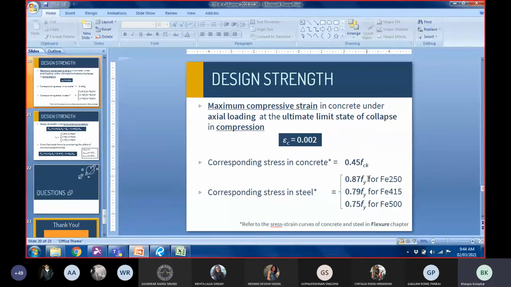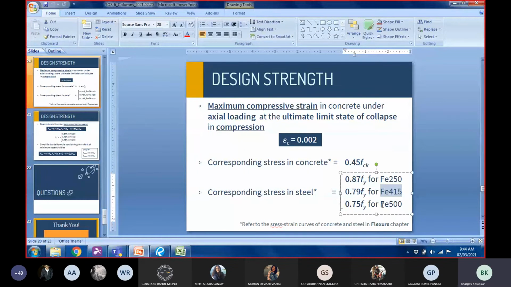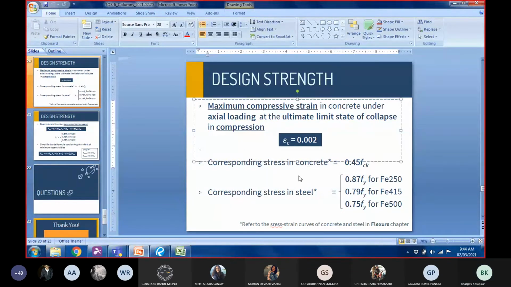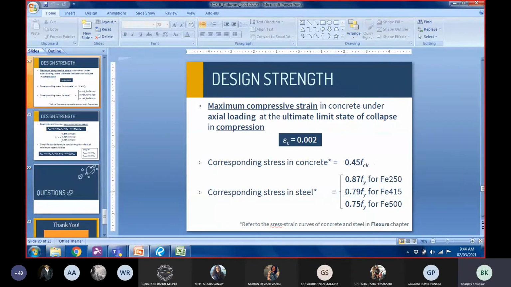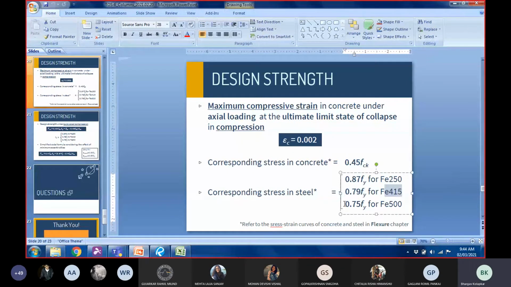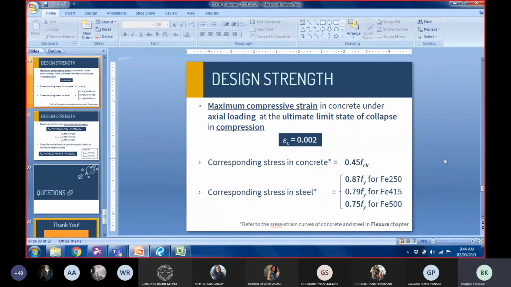These values are different for Fe415 and Fe500. If you look at the actual curves, the values are 0.79 Fy for Fe415 and 0.75 Fy for Fe500. Okay, we don't have to bother about these values.